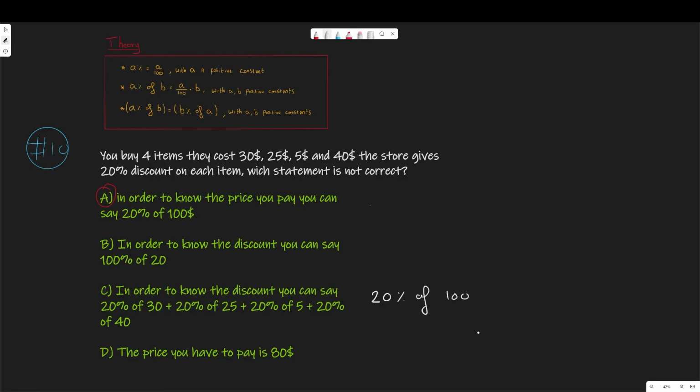But 100 we can split up in 30, 25, 5, and 40. So actually what we can do is say that we want 20% out of 100 is the same as 30 plus 25 plus 5 plus 40. So those two are the same, because 30 plus 25 plus 5 plus 40 is equal to 100.